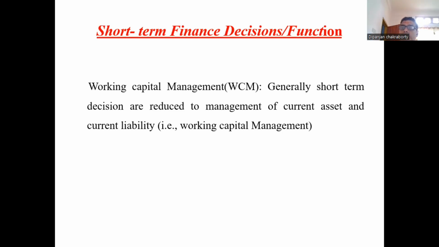That means a finance manager has to properly manage the current assets and current liabilities. If he can manage the current assets and current liabilities, that means working capital management. So finance functions, we have discussed, are composed of long-term finance functions and decisions and short-term finance functions and decisions.